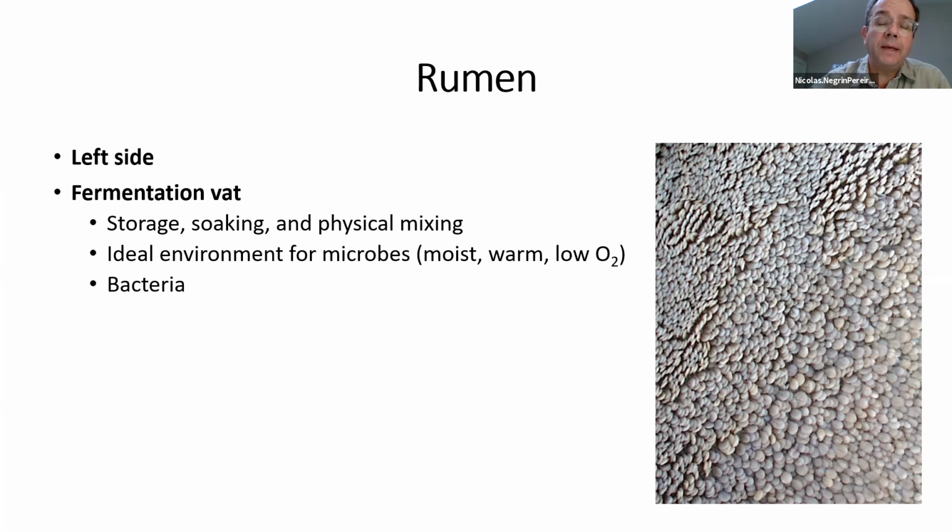So we will find as microbes in the rumen bacteria, but also protozoa and fungi. Of course there are some bacteria that produce gas as well, but protozoa are the ones mostly responsible, to a great extent, for producing methane.